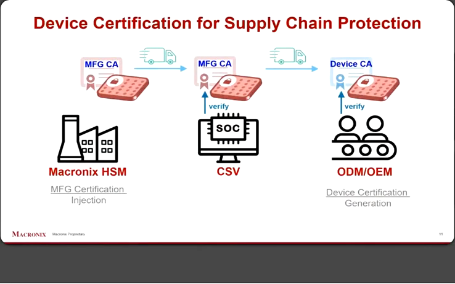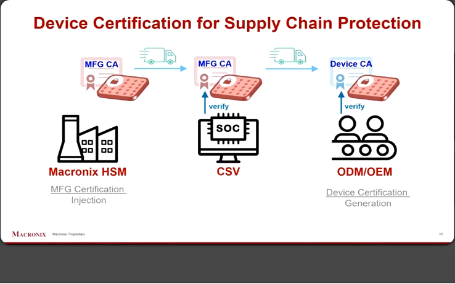So let me give you an example of how we use PKI for device certification for supply chain protection. So my company, Macronix, we have a hardware security manufacturing group, and we insert these certificates onto our secure flash devices. And we have two levels, which I'll show in the next slide. But basically, we provide the public keys, we store the private key on the device, and then we pass off the public keys to the chipset vendor.